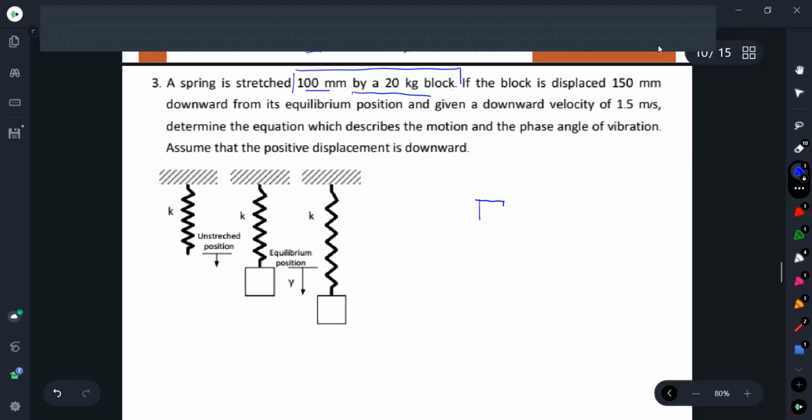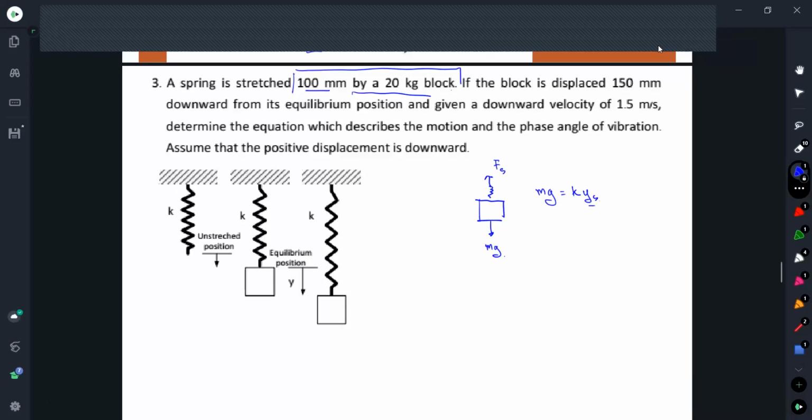Then we have this spring force Fs, and this is mg. So it means that we have mg equal to k y_s, where y_s is the static position.